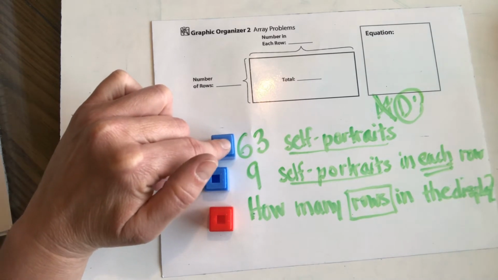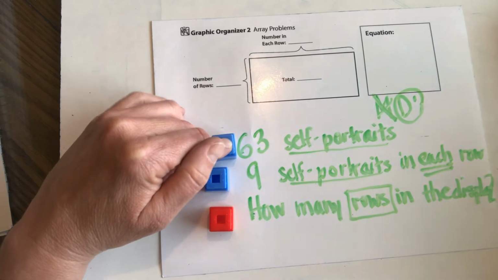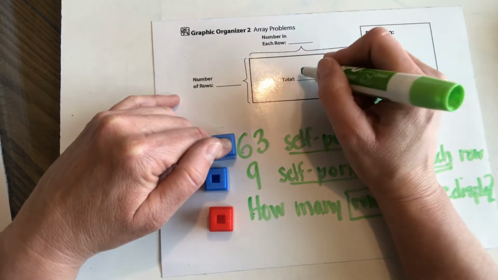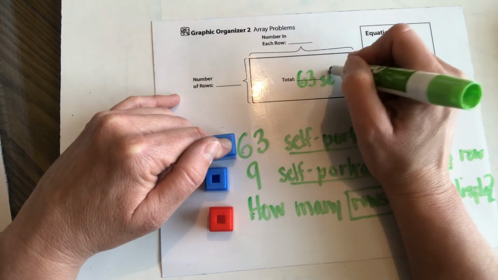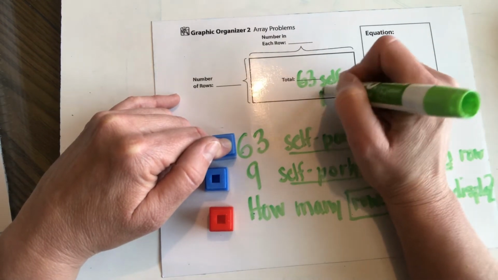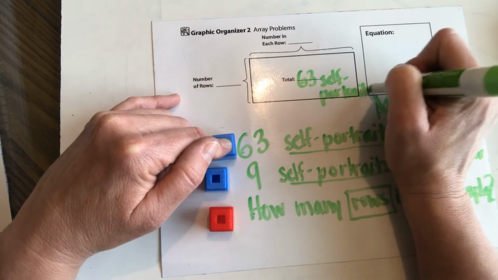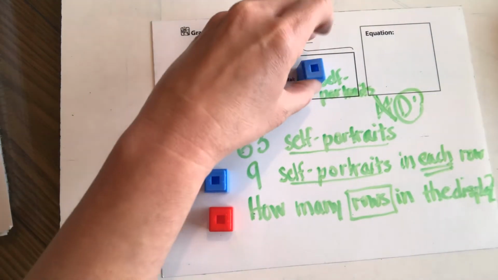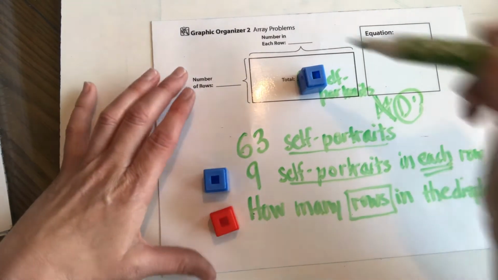Are the 63 self-portraits all of the portraits or part of the portraits? Well, that's all the third graders made. So 63 is my total, and it's part of my story. The 9 self-portraits in each row.